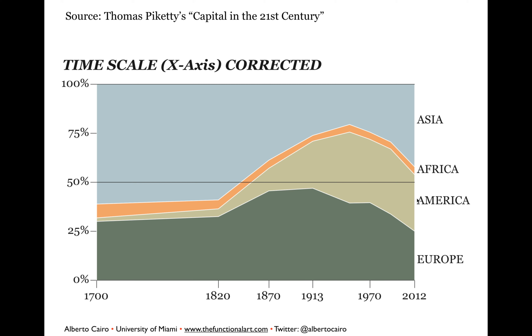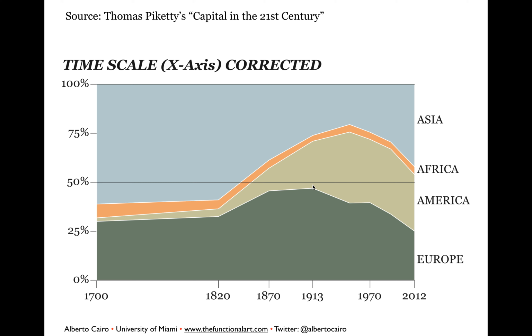But seeing the variation of America is harder, because the baseline of the American segment is shifting according to how tall the Europe segment is at each point in time. Therefore, you need to use your fingers to estimate the distance between this point and that point, this point and this point, that point and that point.